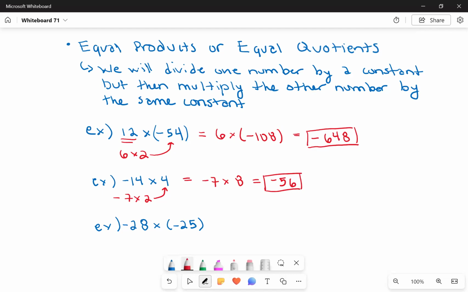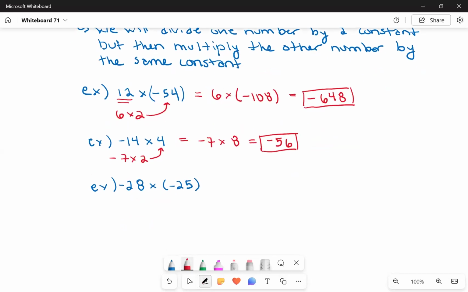There's a couple ways I could break that number up. When I see 28, my immediate thought is 4 and 7. And I could apply 4 to 25, because I think of quarters. 4 quarters is $1. So what I have is negative 7 times negative 100, which is 700. So that's one way to do it.